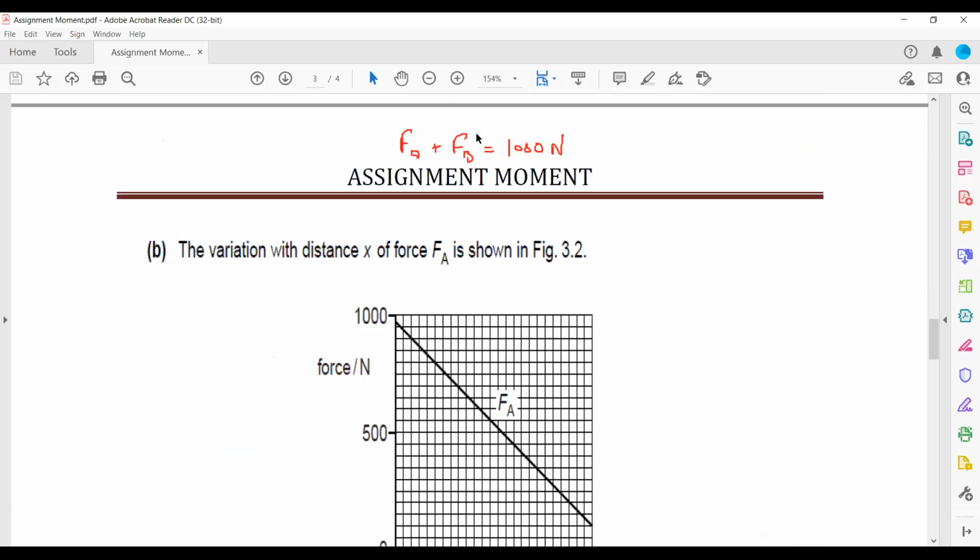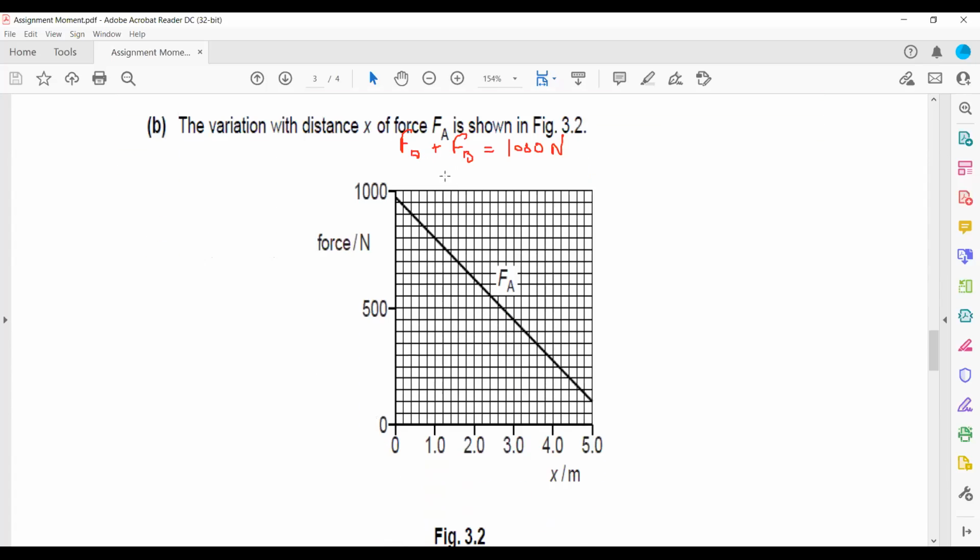If out of 1080, 950 is FA, so 1080 minus 950, it will be about 130. So what will be the value for FB? It will be about 130, like you can start marking somewhere here.